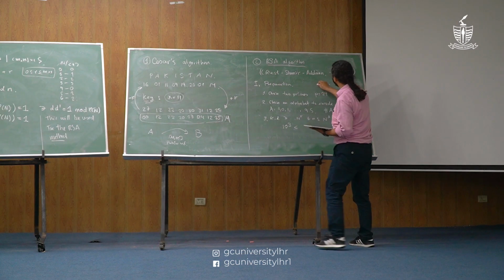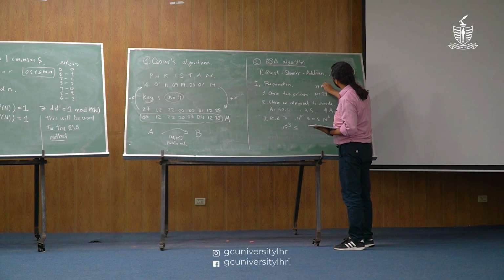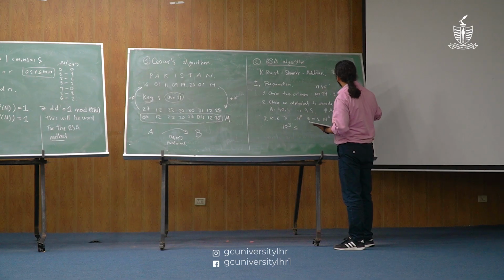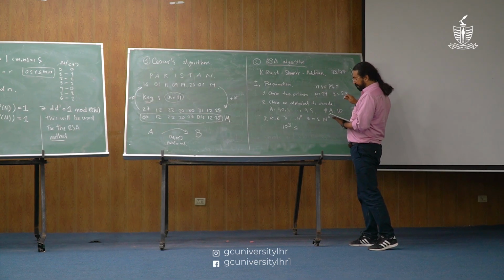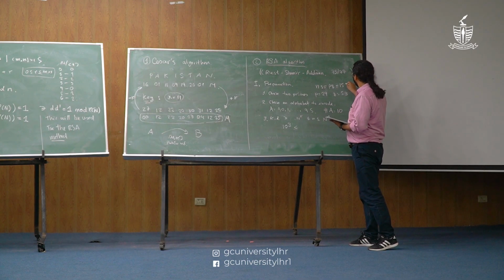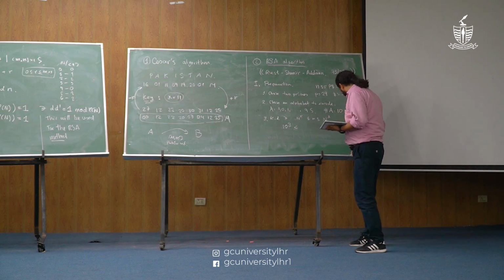And then I define N. It will be the product of these two. In this case, it will be 1537. This will be important.